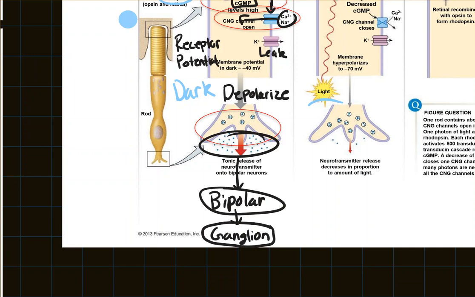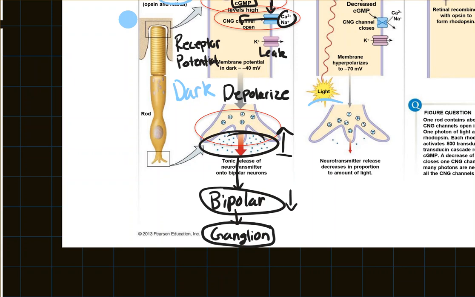All right, so let's talk about firing rates here. What would happen down the line? Now, when the photoreceptor releases this neurotransmitter, this says that the photoreceptor has a high firing rate. And in lecture, you learned that the function of the bipolar cell is to invert the signal. So if the photoreceptor has a high firing rate, the bipolar cell is going to have a low firing rate.